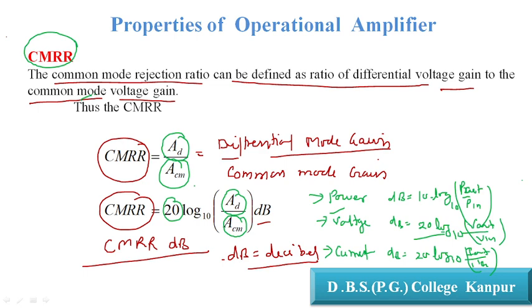CMR means common mode rejection ratio. It also depends on the frequency, and we will discuss the dependency on frequency in the next lectures. Common mode rejection ratio is a very important property of the operational amplifier.